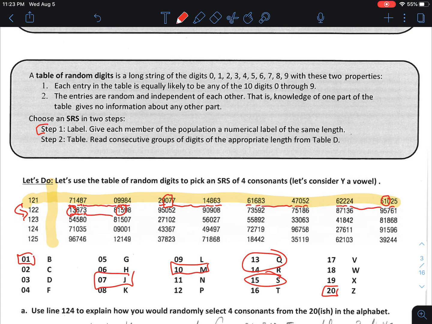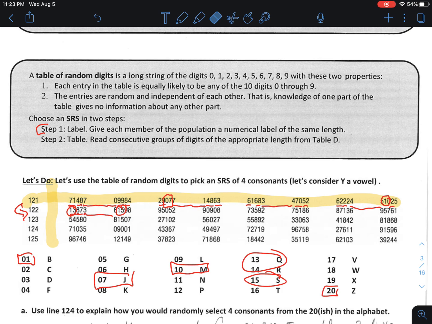You look at line 121, 2 digits at a time, selecting the numbers that are in between 01 and 20. If they don't fall within 01 and 20, you skip them. Every number that's 01 to 20 you use as your sample until you get 4 total, making sure to skip any that repeat. Okay?